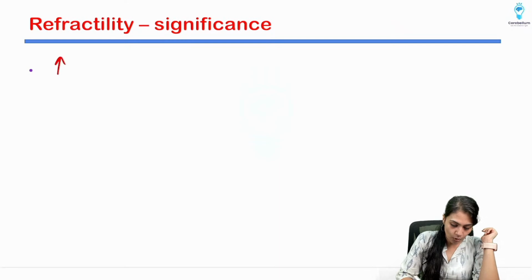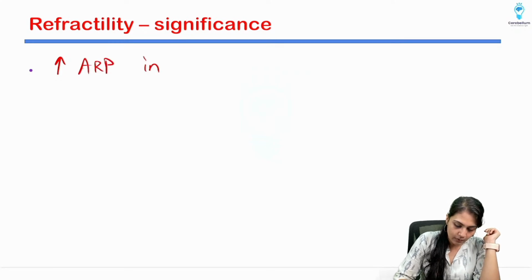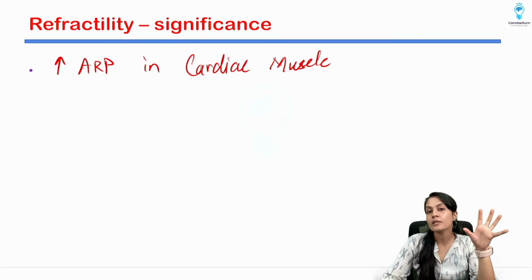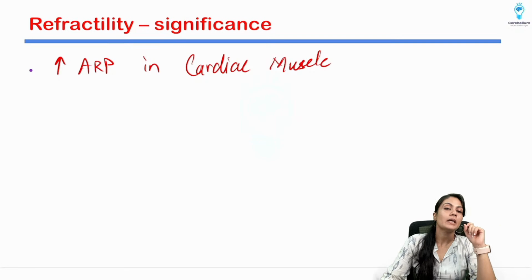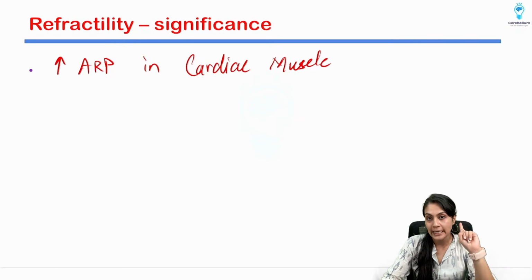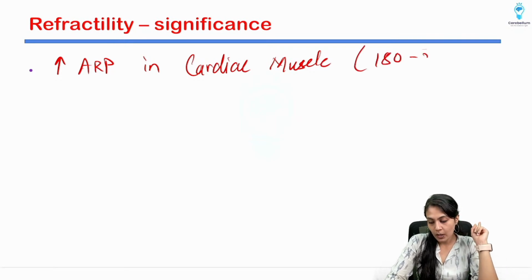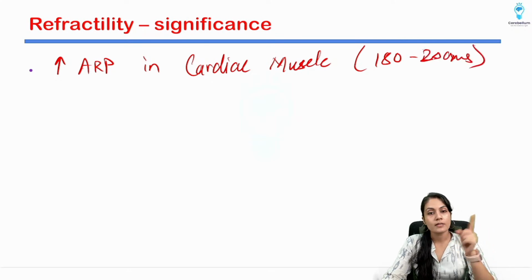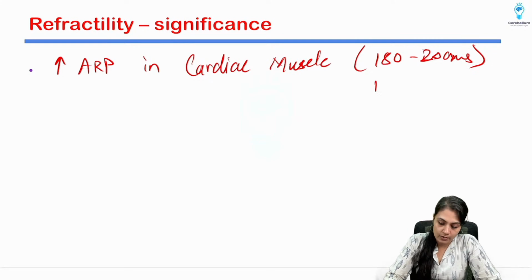First, understand there is a longer absolute refractory period in cardiac muscle, almost 100 times more. Remember, in the skeletal muscle it is 1 to 3 milliseconds, but in the cardiac muscle it can reach up to 180 to 200 milliseconds. I'm just talking about the ARP. So ARP is 180 to 200 milliseconds in the cardiac muscle, while it is 1 to 3 milliseconds in the skeletal muscle.